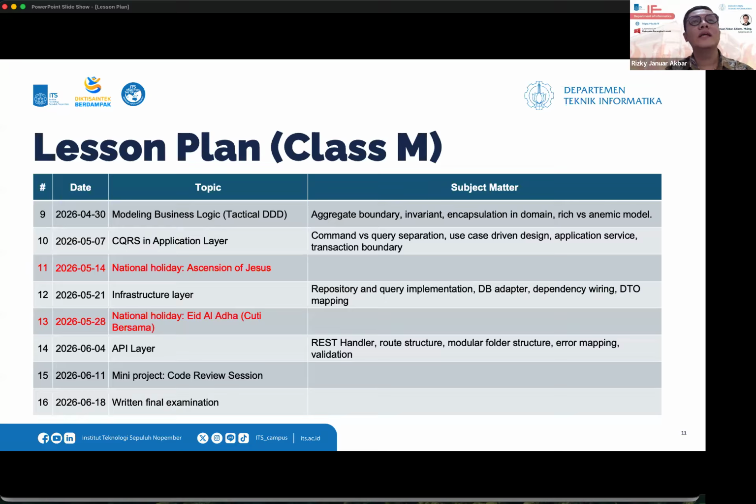And then you will have application service, how to implement interconnection to another system. For example, you have to call a payment API from another vendor. You have to call an email API from another vendor. You can define those interfaces in this application service.